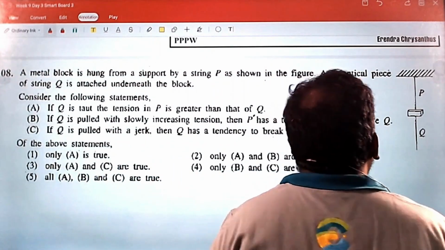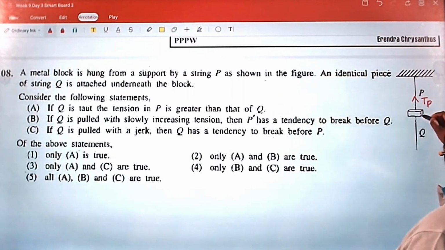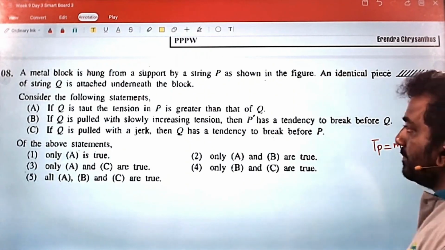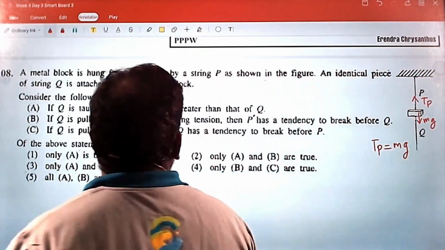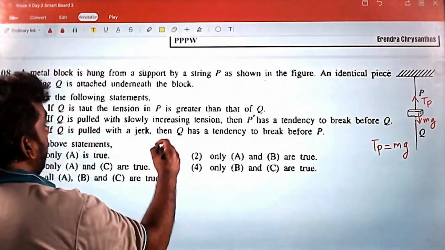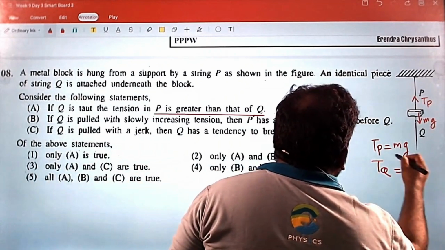Q has no tension. So here tension in P is equal to the weight, mg. So tension in Q is going to be 0.